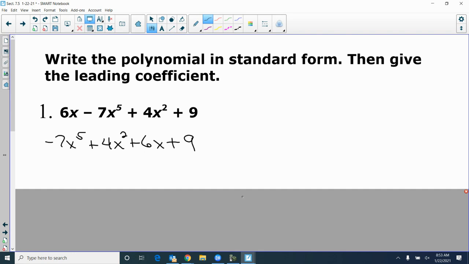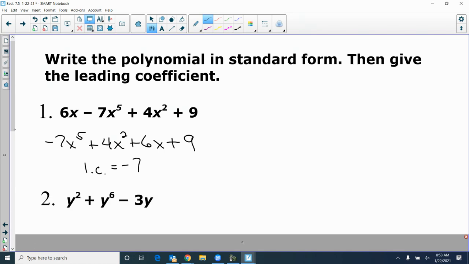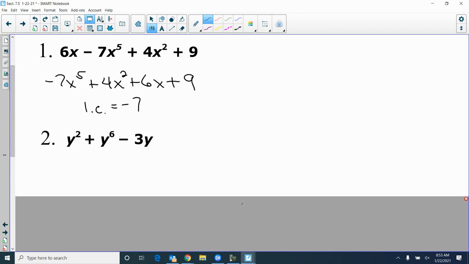So if you move that anywhere, you got to keep it as -7x to the 5th. The 6 does not have a sign in front of it. That means it's positive. So when we move it, you got to put a plus there. So that's in standard form. The leading coefficient is -7. So I just put LC, leading coefficient.